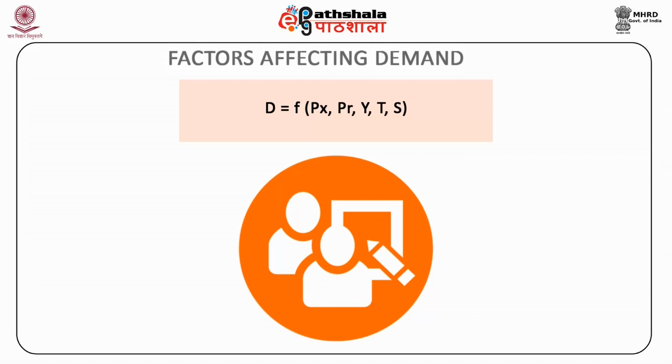The factors determining demand can be shown in a functional form as follows. D = f(Px, Pr, Y, T, S). Here D stands for the demand of the good X, f represents the function, Px stands for the price of the good X, Pr is the price of the other related good, Y stands for the income and wealth of the consumers, T represents different tastes and preferences of the consumers, S indicates all the other environmental and consumer specific factors.